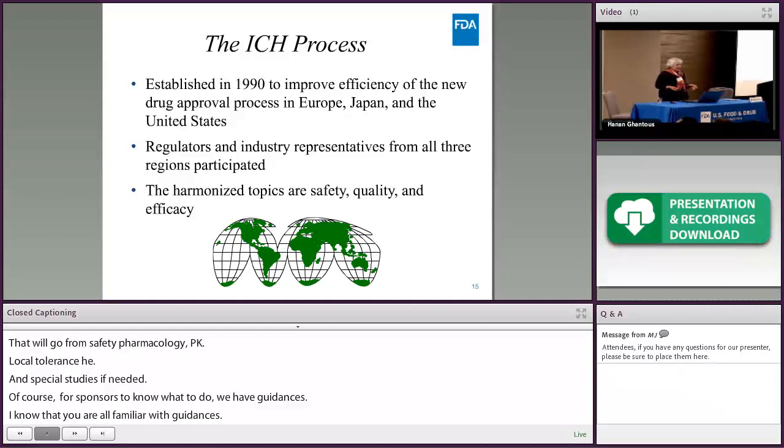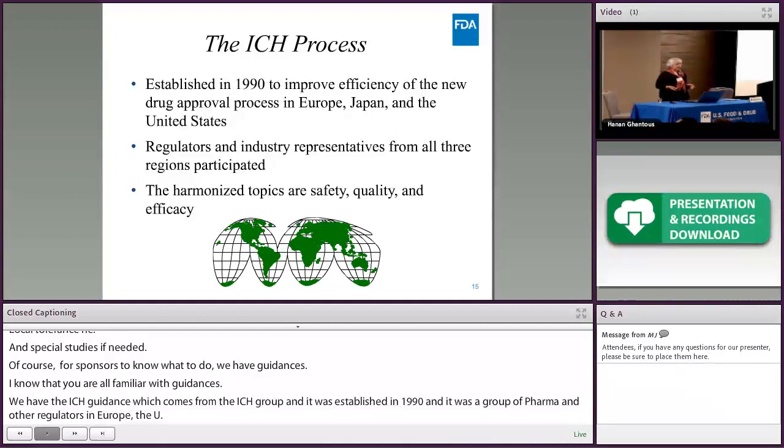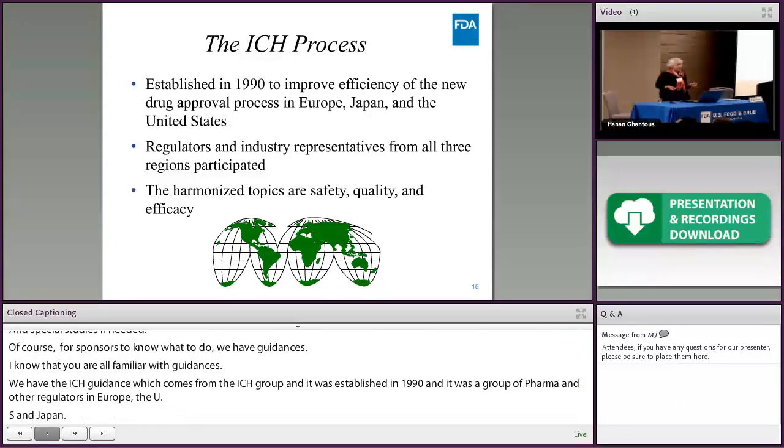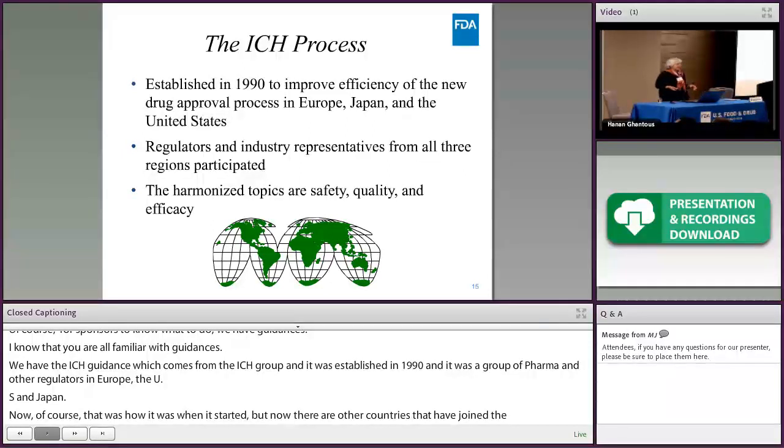That's how it was when they started. But now there are other countries that joined the ICH, like Korea, Latin America, and I think lately China also joined them. They meet, I think, 3 times a year, and they work on guidances.